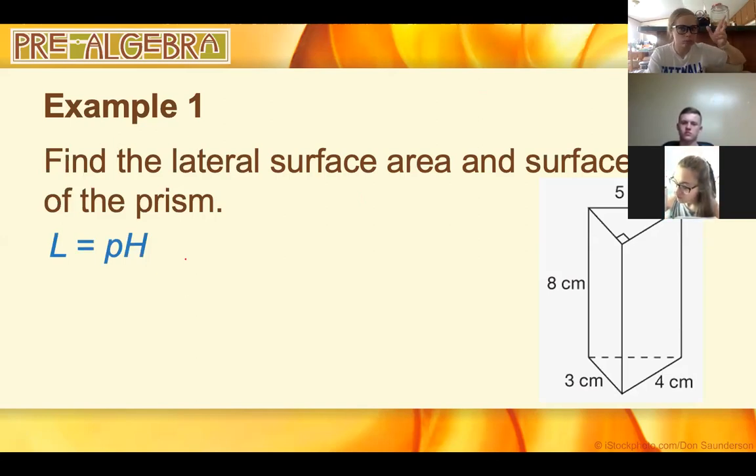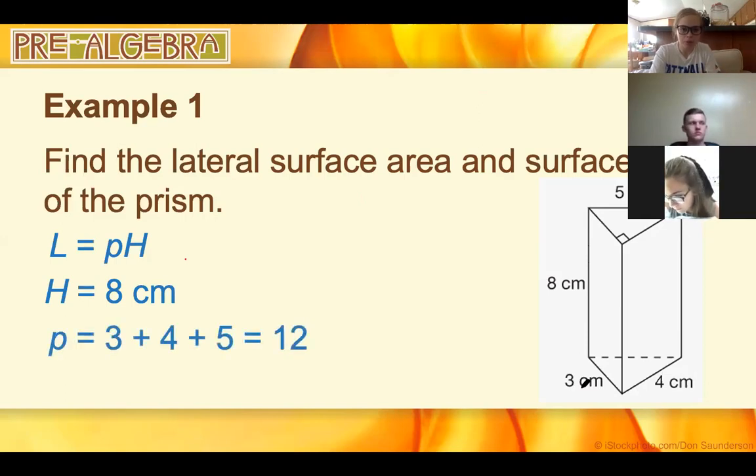Perimeter of the base. The perimeter of the base times the height of what? The prism. Height of the prism. Yes. So the height of the prism is 8 centimeters. How high it is? But the perimeter. Take a look at the base here. The perimeter of a triangle is equal to all the sides added, 3.